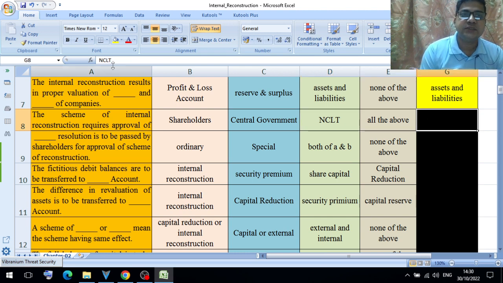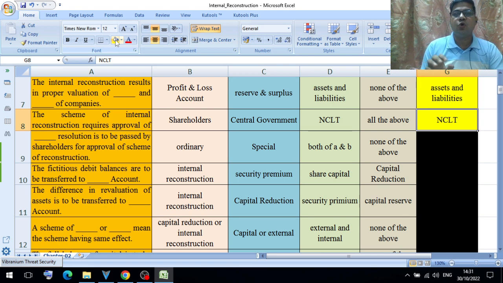Here the answer is NCLT, that is National Company Law Tribunal. It means court. So whenever we have to conduct internal reconstruction in our company, we have to take the permission from the court, that is the National Company Law Tribunal of the Companies Act 2013.